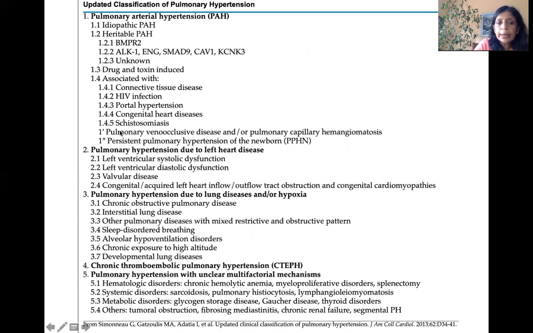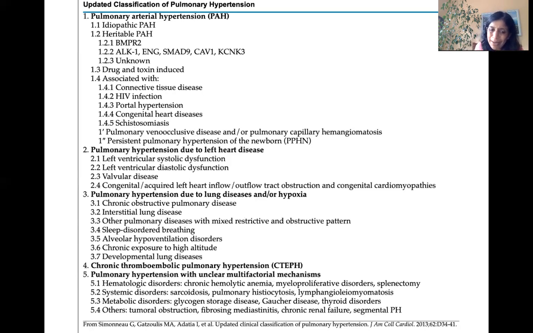Congenital heart condition could be one. And then other types of diseases that we really don't want to invest in. So pulmonary hypertension due to left heart disease, which we talked about, pulmonary hypertension due to lung disease and hypoxia, chronic thromboembolic pulmonary hypertension, and pulmonary hypertension with unclear multifactorial mechanism is yet another one.